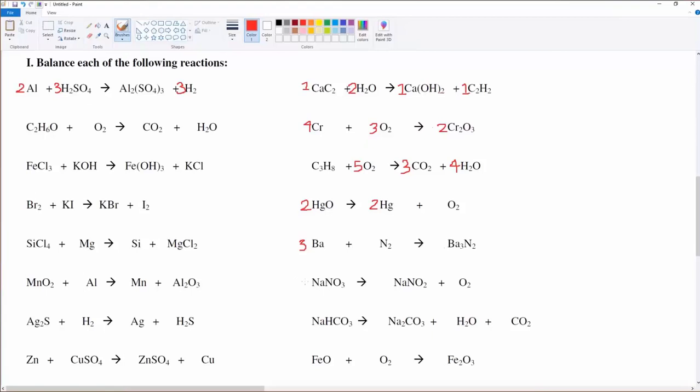All right, sodium's good. If I just start and say one of these and one of these, it looks good, right? Nitrogen's good, nitrogen's good. Sarah, why two? What are you doing?